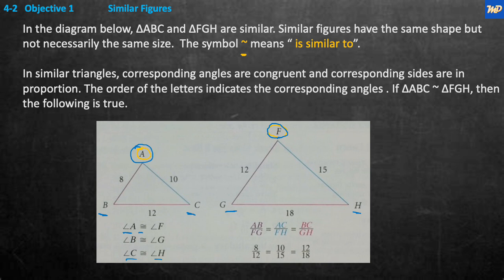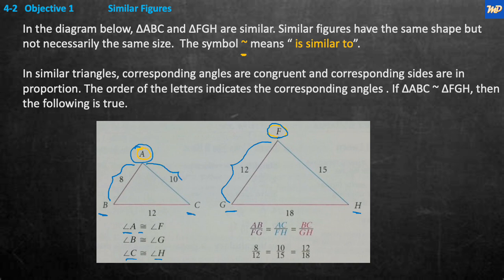In terms of the lengths, we said that they were proportional. So AB is proportional to FG. AB, right here, is 8.